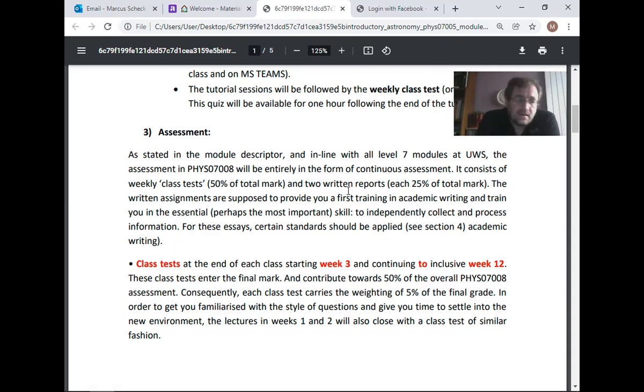And the idea behind it is that you get used to academic writing, and second, most important skill, to independently gather information. Because later on in the job, the boss says do it, and how, he doesn't know, as long as you deliver. And he usually doesn't want to be bothered with where do I find it.